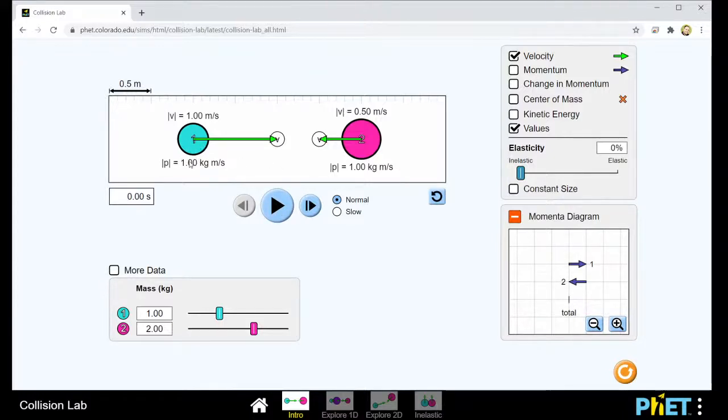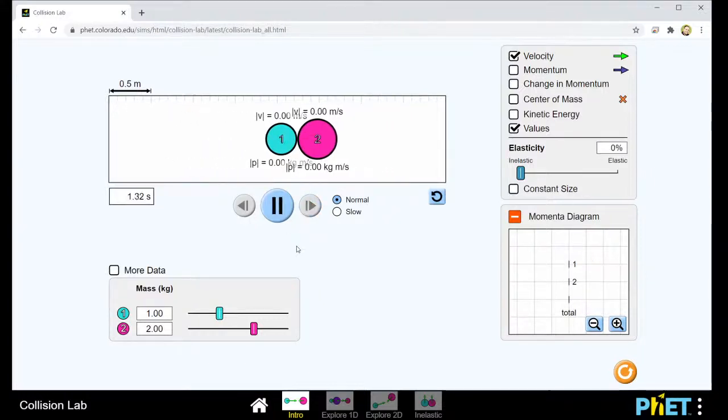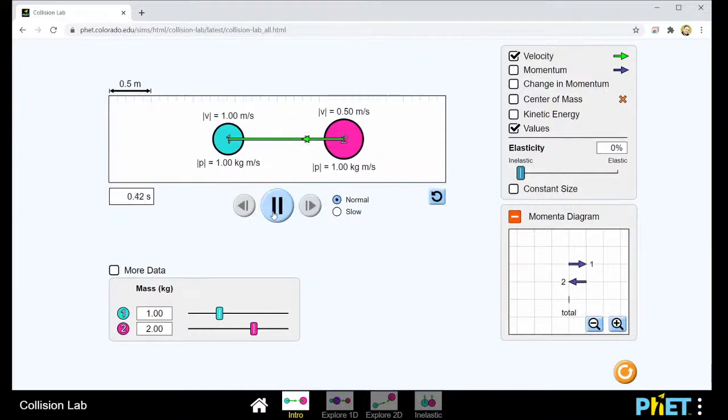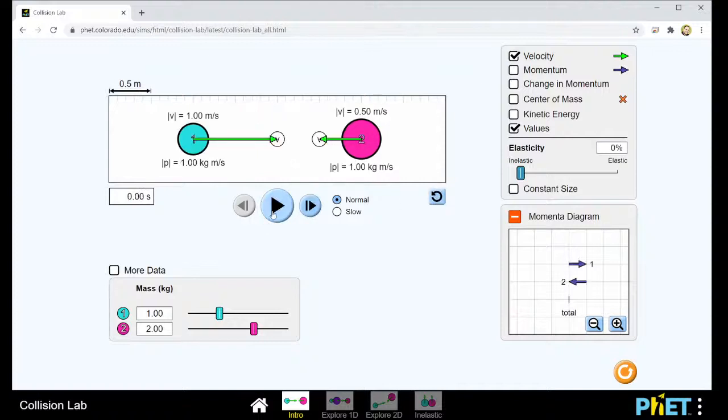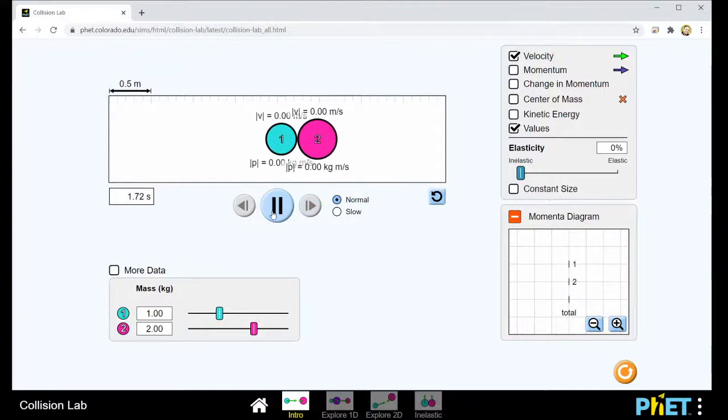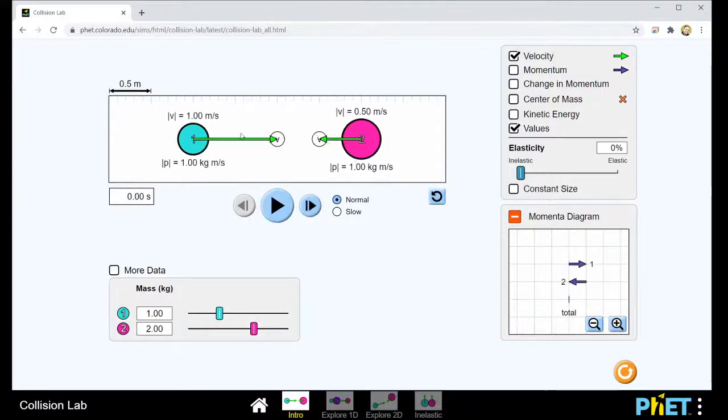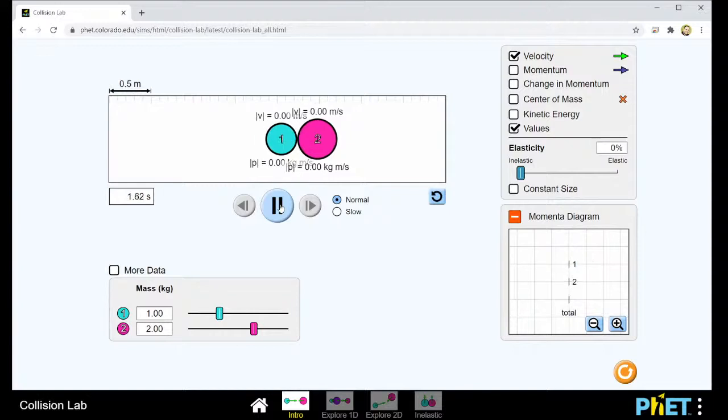Good, Katie, momentum is 0. So they'll stop in place. Boom. They stop. So the total momentum after the collision is 0. The total momentum before the collision is 0, because you have +1 plus -1. Boom. The total momentum after the collision is 0.